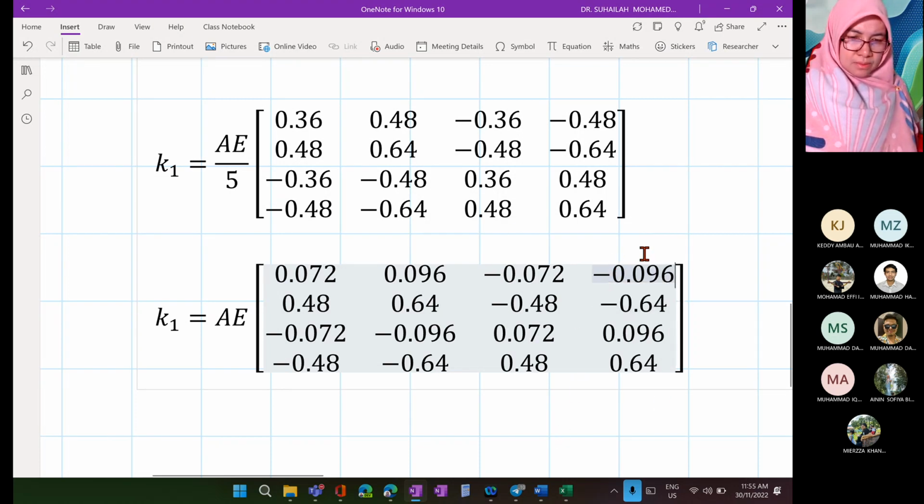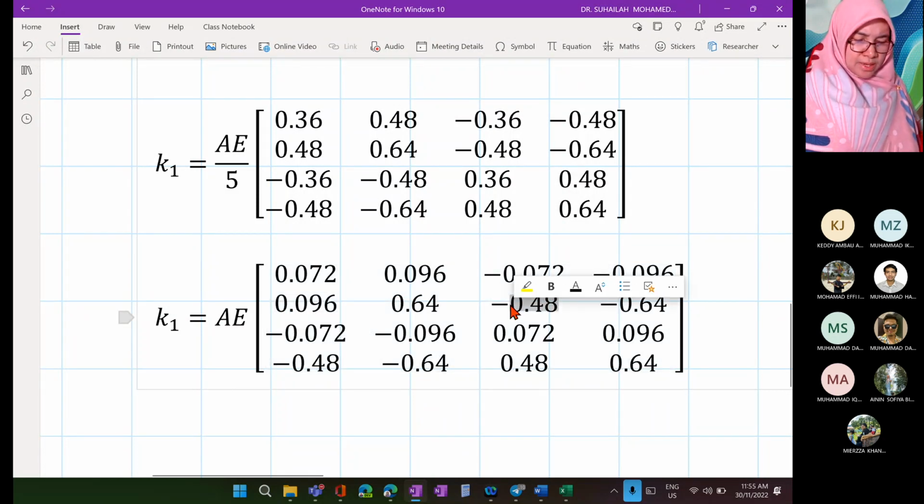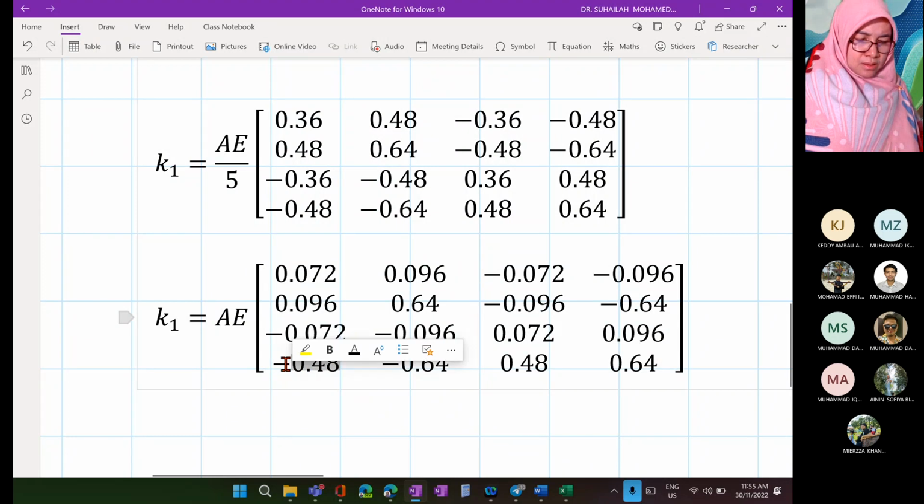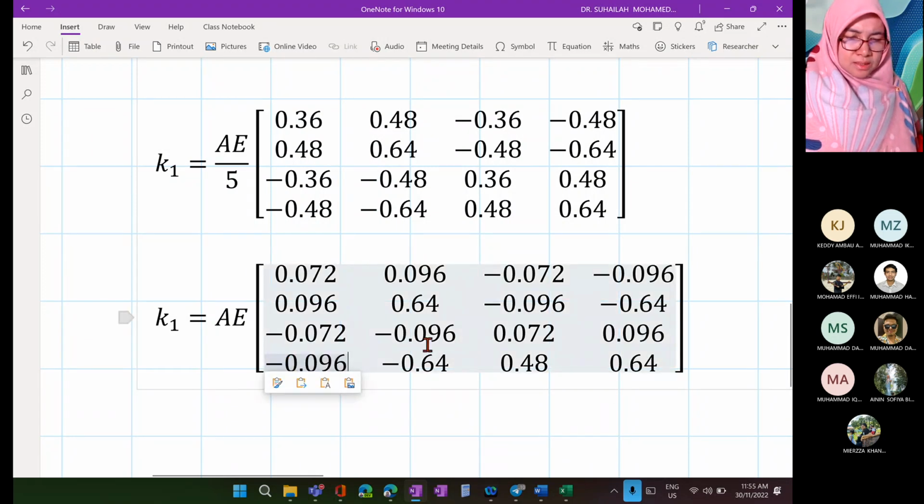It is symmetric, yeah. 0.096, and this one also.